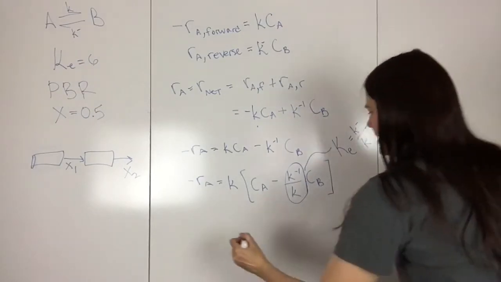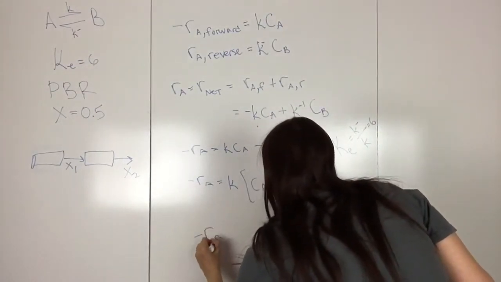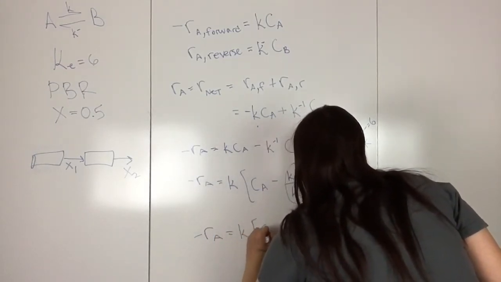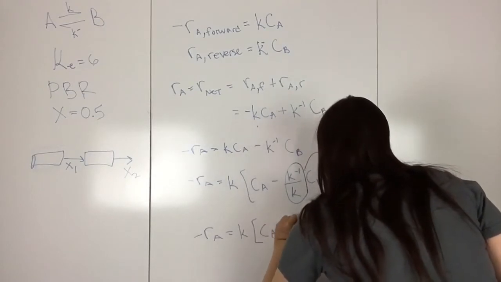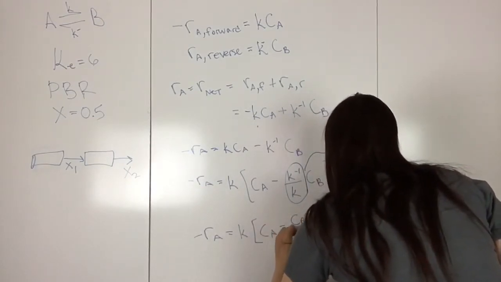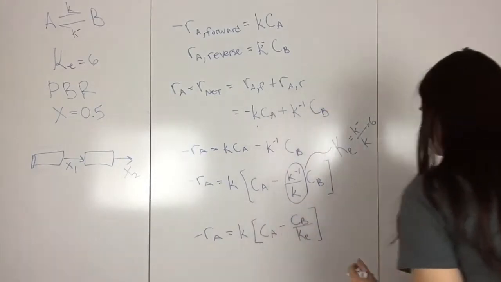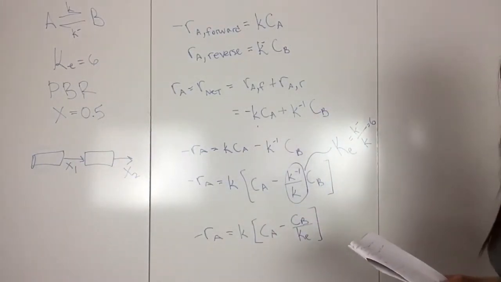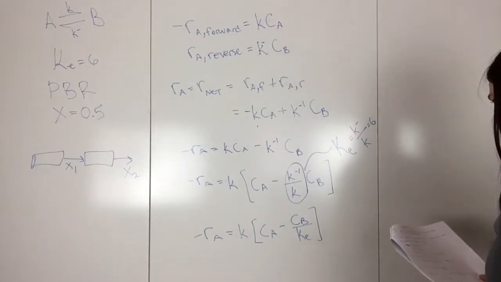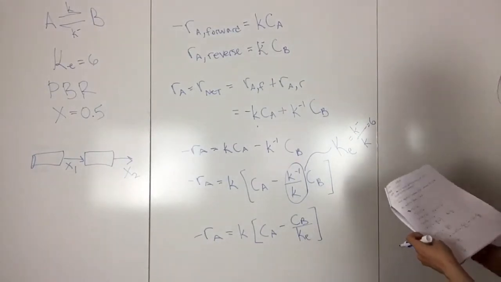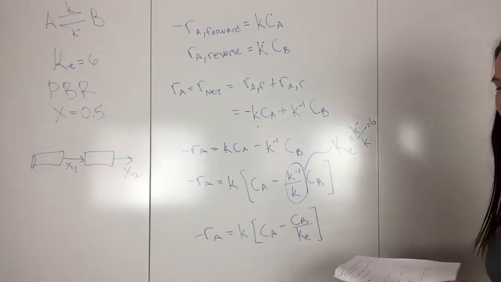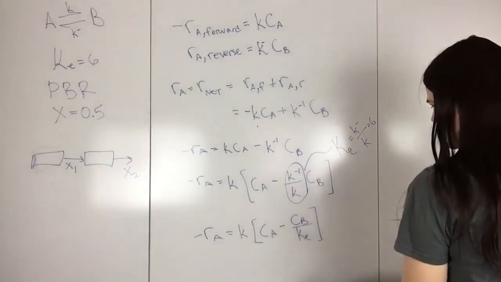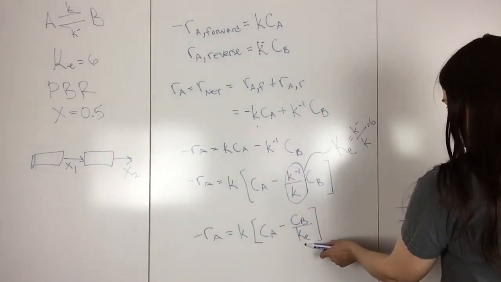So we have minus RA equal to k times CA minus CB over Ke. In order to find the equilibrium conversion, we know that when it's at equilibrium, the rate is 0. So we set this to 0.